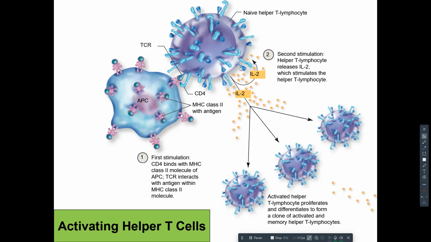Now, in response to this presentation, the helper T cell is going to start releasing some chemicals. Now, the chemicals released by helper T cells are known in general as cytokines. More on them in a second.